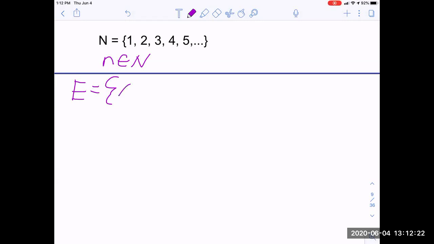Okay, it's the set X such that, now watch this, n is an element of the natural numbers, and X is 2 times n. This is much more mathematical. I can do algebra on that equation. And notice it does generate the even numbers.